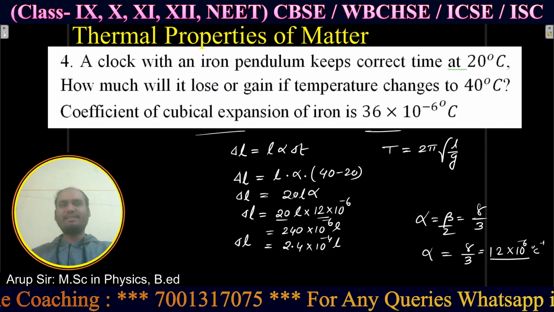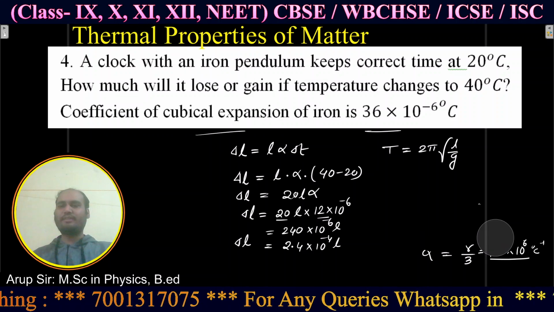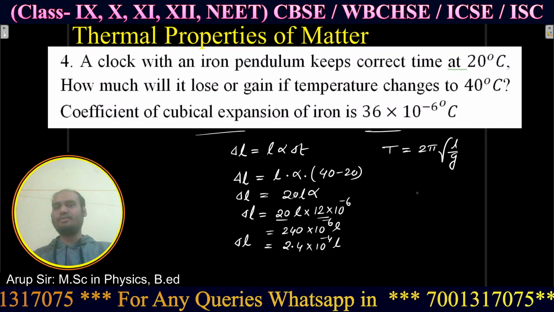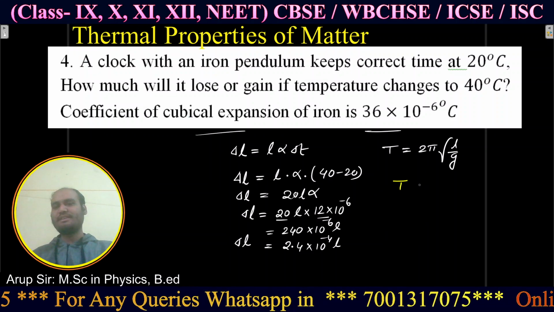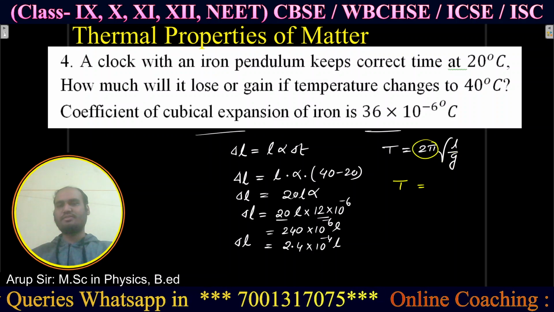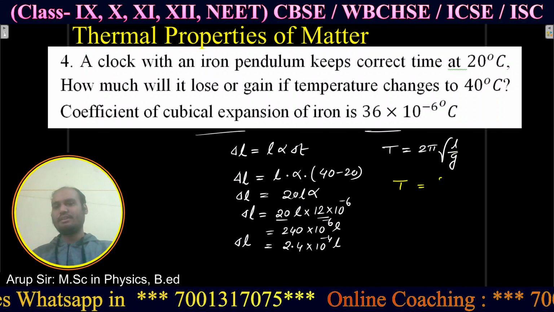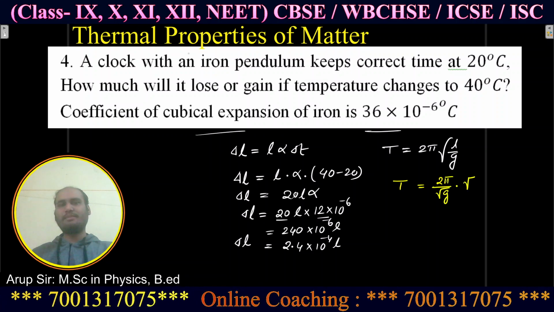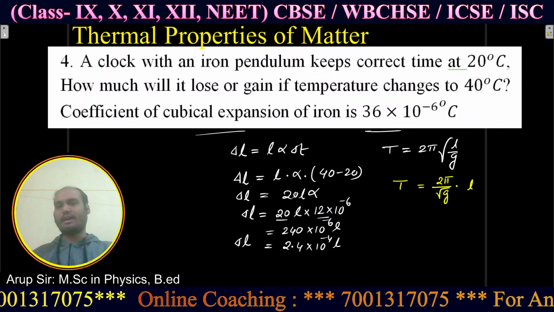Now we need to find the change in T, the time period. T is equal to 2π by root g into root L, where 2π and g are constants. Root L means L to the power half.